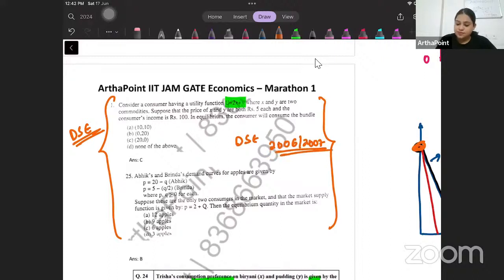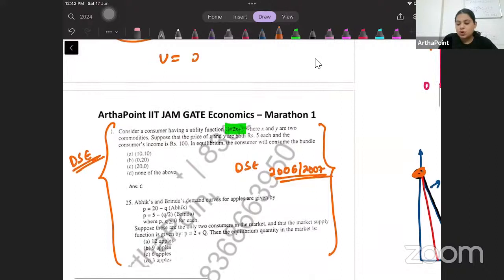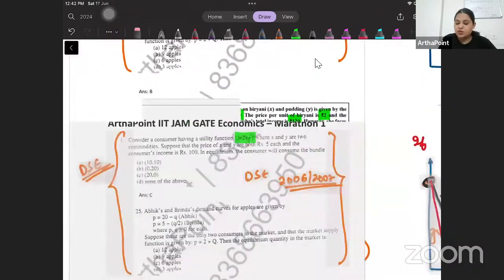Look at the function. Consider a consumer having utility function 2x plus y. Suppose px is 5 and py is also 5. This is given. And m is 100. So practicing DSE will help you get into IIT also.